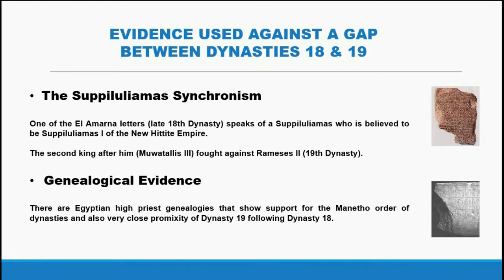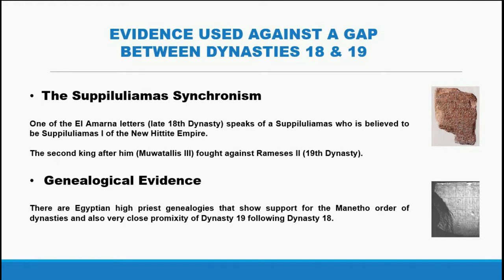And the first comes from a synchronism between the Amarna letters and the Hittite Empire. One of the Amarna letters from the late 18th dynasty speaks of a Suppiluliumas who is believed to be the Suppiluliumas I of the new Hittite Empire.